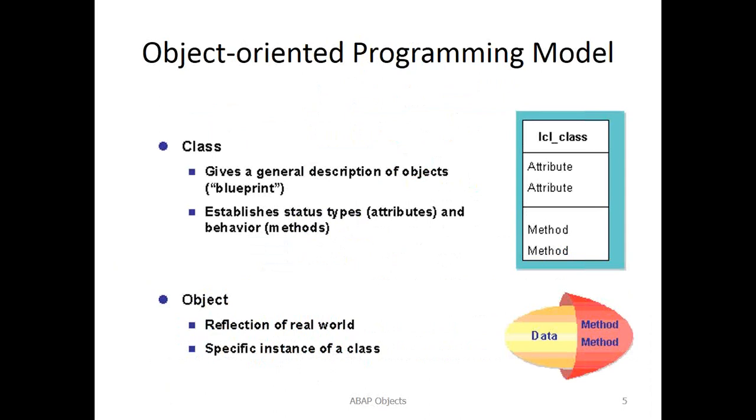Object means it has physical existence. Whatever properties there are will be derived from the class. Class attributes and behaviors will be derived here.